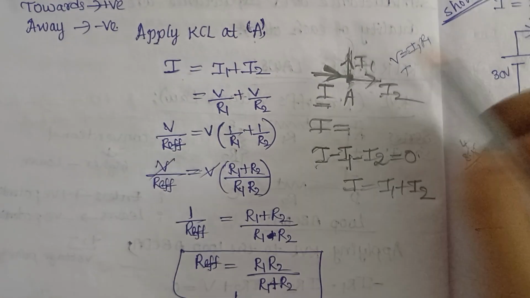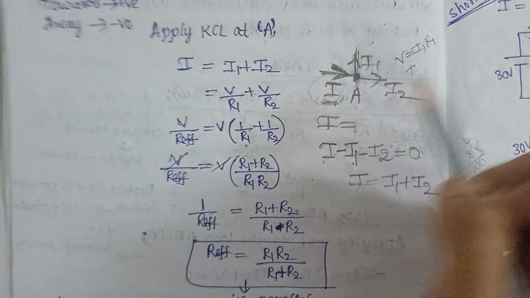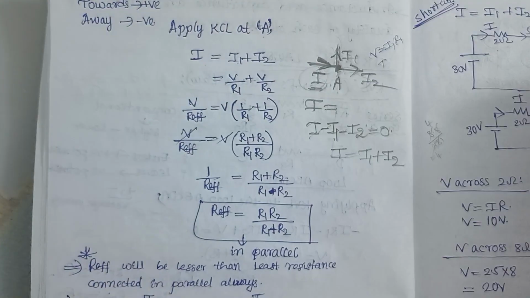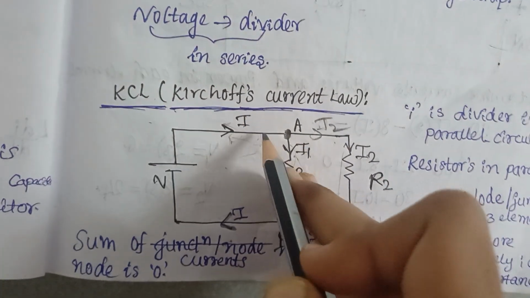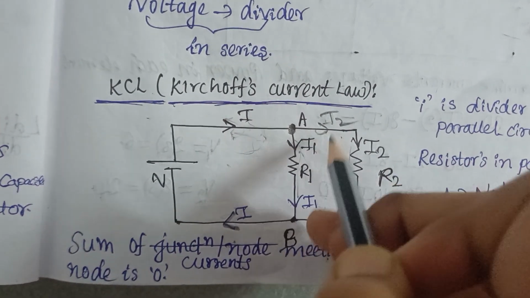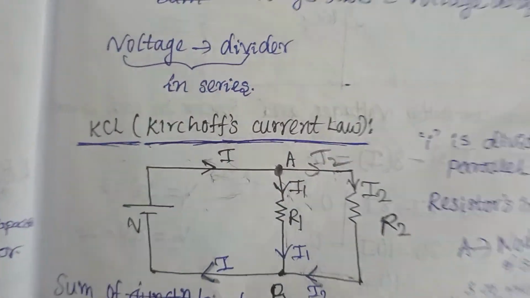Applying KCL at this junction A, the current entering is I, and the currents leaving are I1 and I2. That means I is equal to I1 plus I2, right?